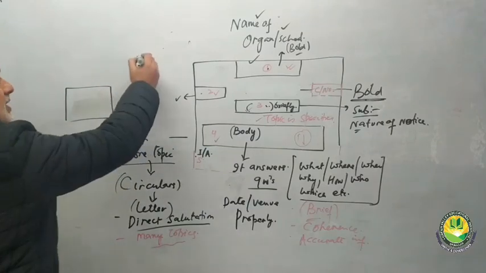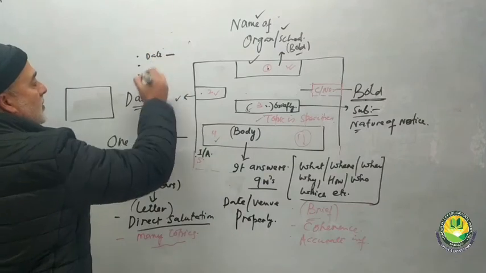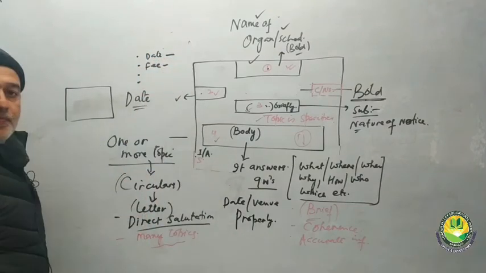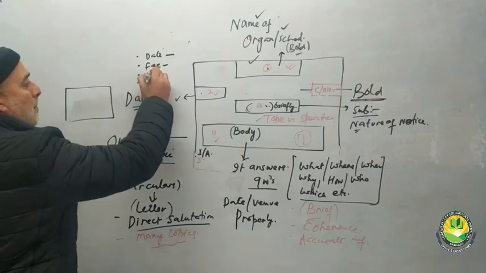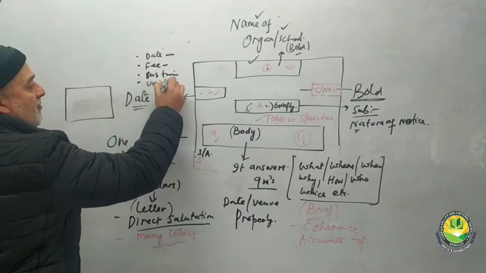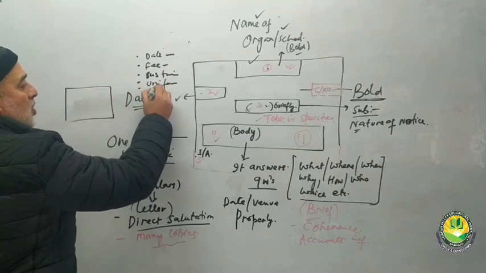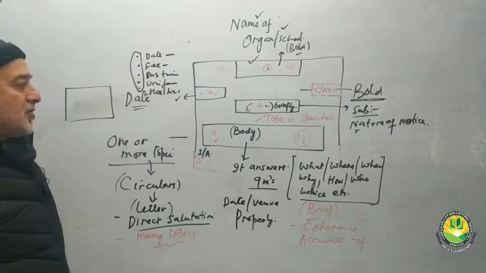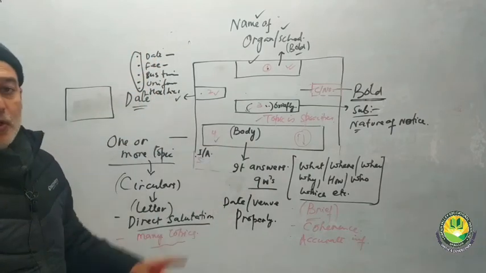For example, date of examination, fee, booklets, bus timing, uniform, hall ticket. You can use bullets, but in notes that is not possible.